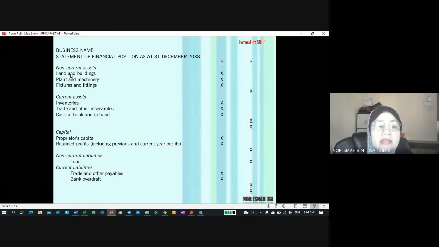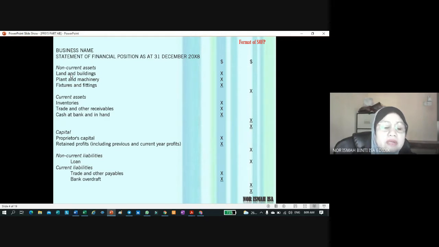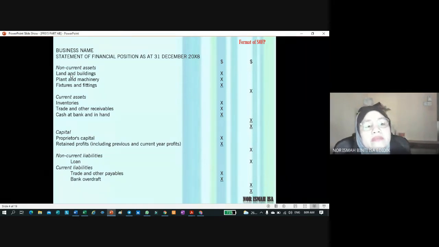But the detail about the land and building is in the asset register, that is for internal control. As for the recording, it should be put under one account. Satu account je kita masukkan semua land and building. Sama juga plant and machinery. Company akan beli banyak plant, banyak machinery.